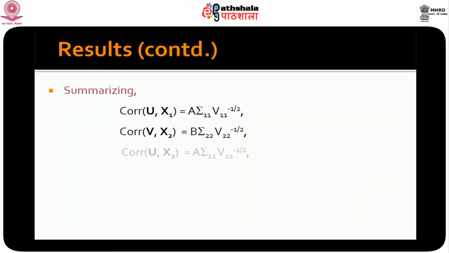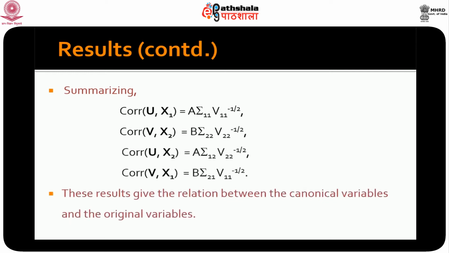We now can find the correlation between U and X1 as the correlation between U and V11 to the power minus half into X1, which is the covariance between AX1 and V11 to the power minus half X1, and this is given by A sigma 11 into V11 to the power minus half. Similarly, we can calculate the correlations between U and X2, V and X2, V and X1, and the results would be similar. So what do these correlation matrices give us?